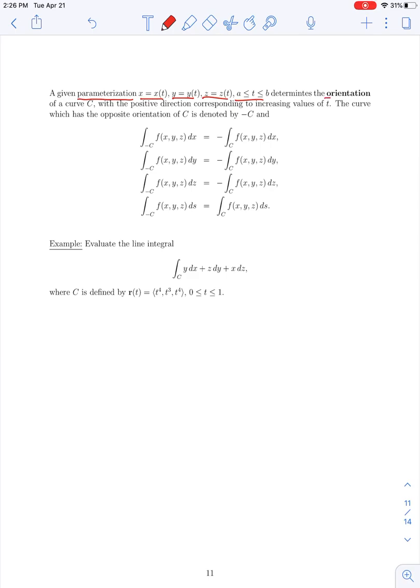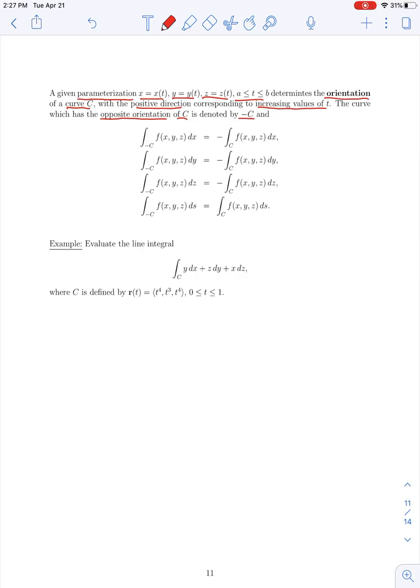So this parameterization determines an orientation of our curve C, where the positive direction corresponds to increasing values of t. Now the curve which has the opposite orientation of C can be denoted as negative C. So like the curves that we saw in part A and part C of that last example, they were the same sort of curves but with the opposite orientation.